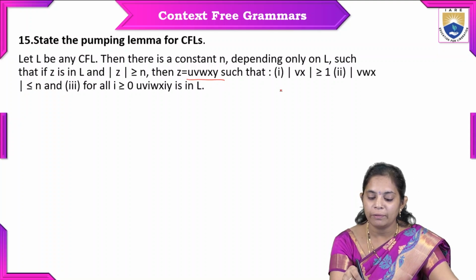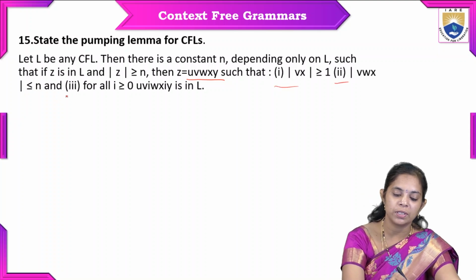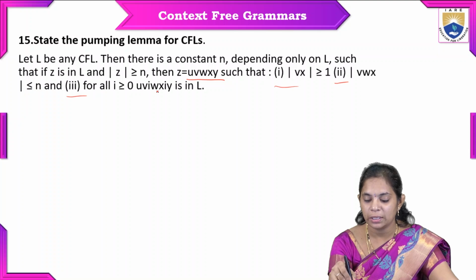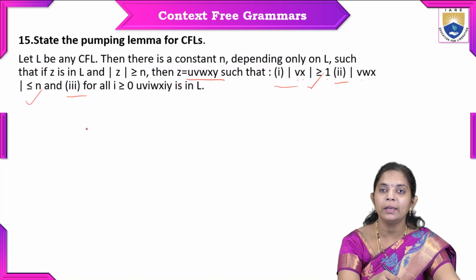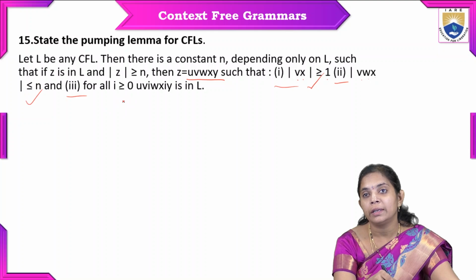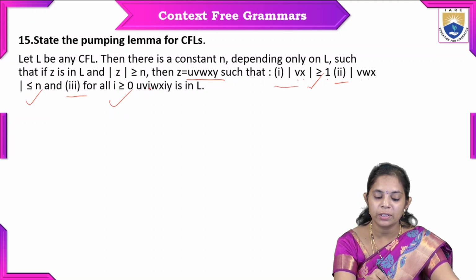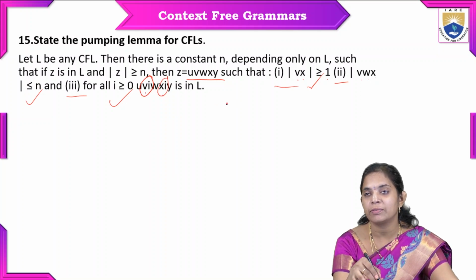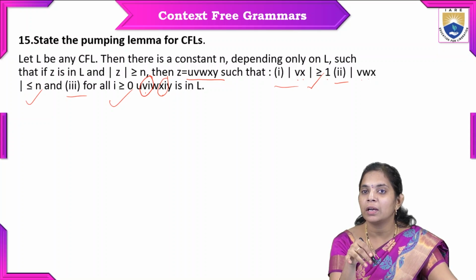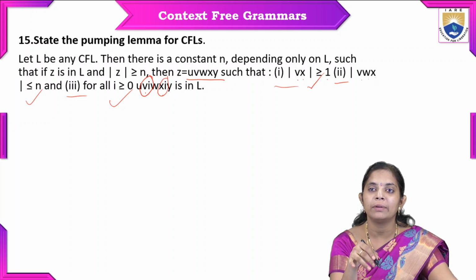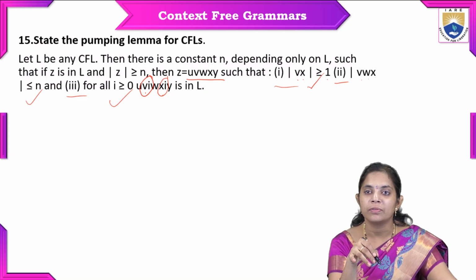And we need three conditions: |vx| is greater than or equal to 1, |vwx| is less than or equal to n, and the third one, i is greater than or equal to 0. Here we need to pump the v and x values. Finally, a contradiction happens. When there is a contradiction, what we have assumed is wrong, and we can say that it is not a context-free language.